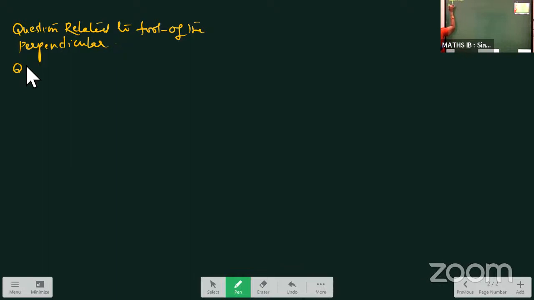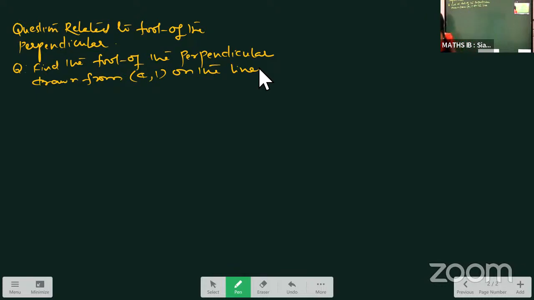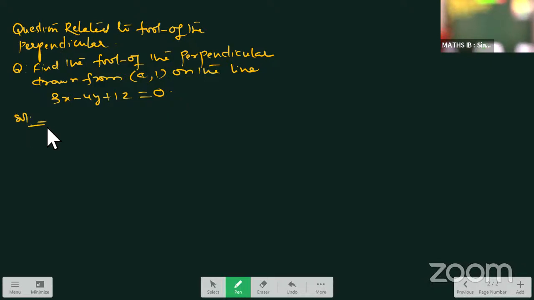Find the foot of the perpendicular drawn from (4, 1) on the line 3x minus 4y plus 12 is equal to 0. Solution.